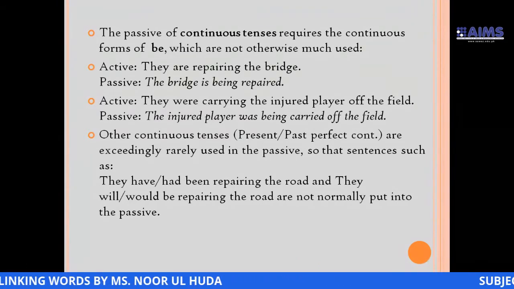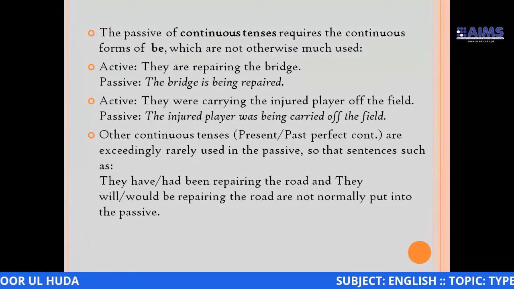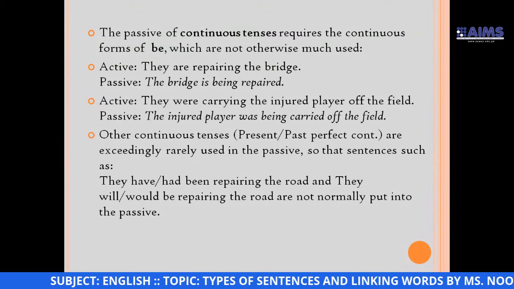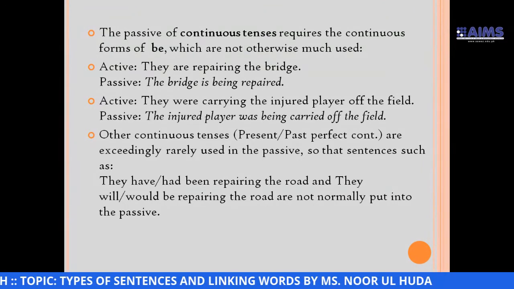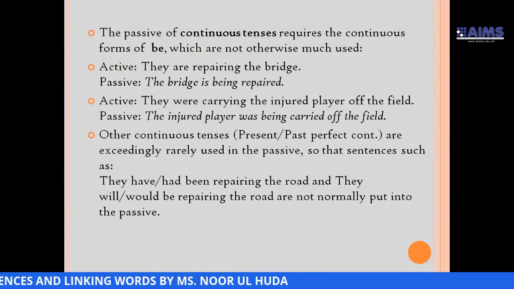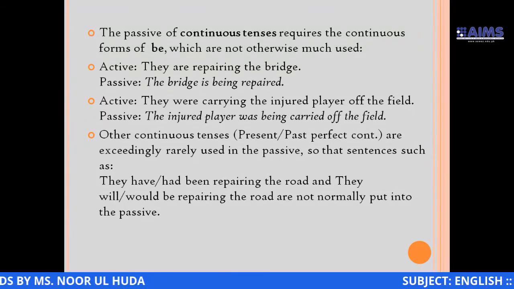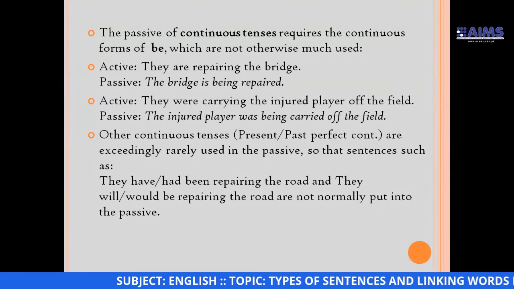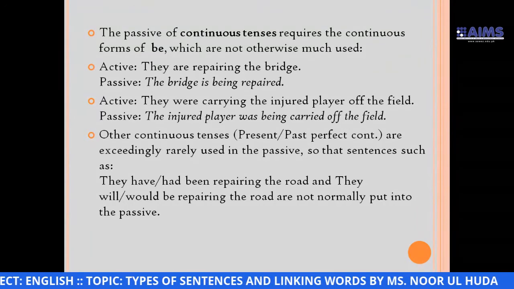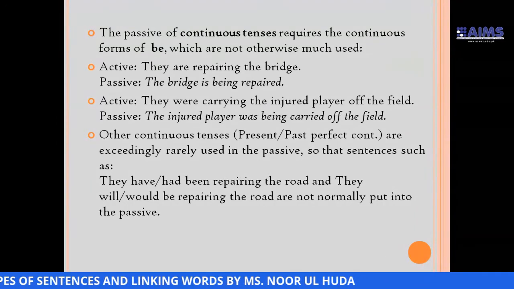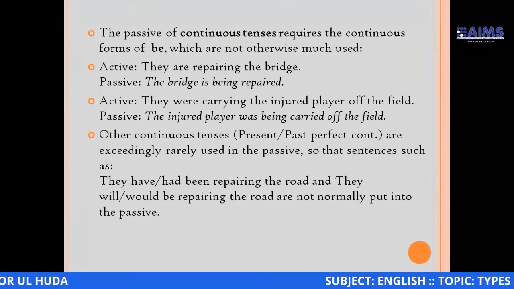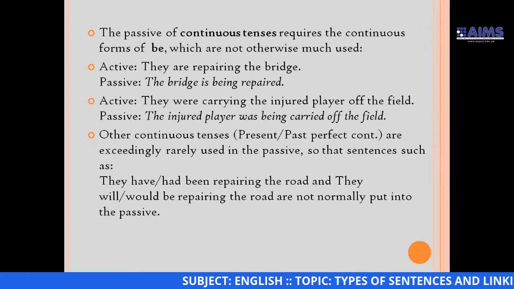These are not otherwise much used; there is no other case in which is being or are being or will be being is used. Only in the passive structure do we use is being, am being, are being, was being, were being, will be being. Look at the first sentence: they are repairing the bridge.